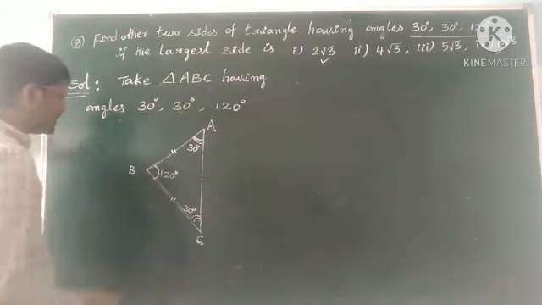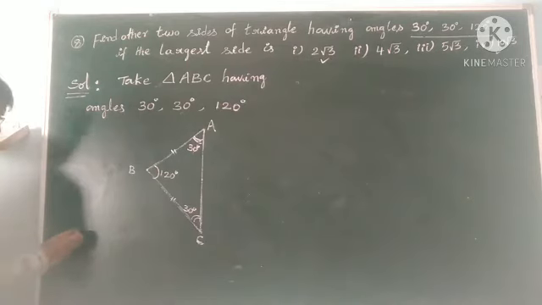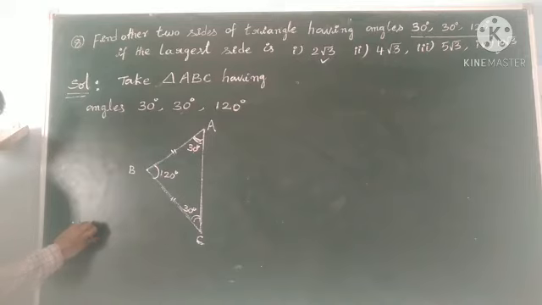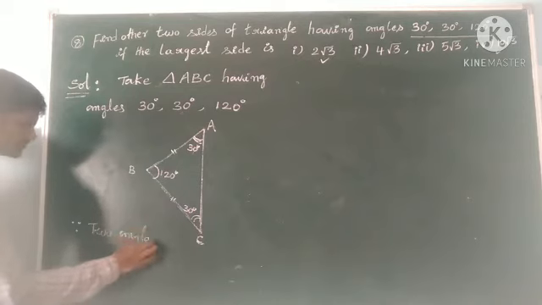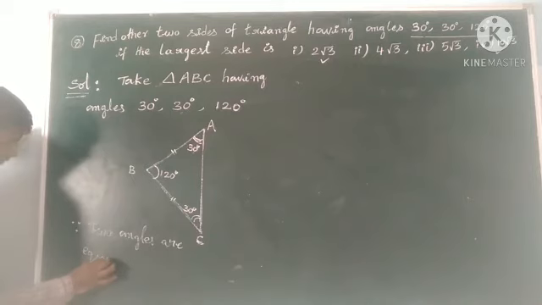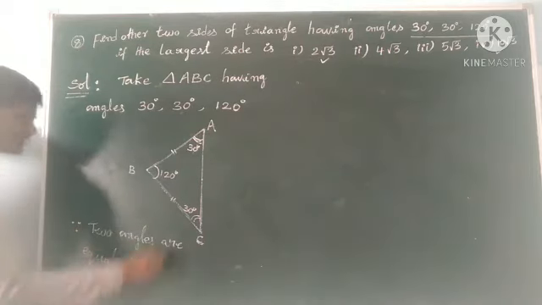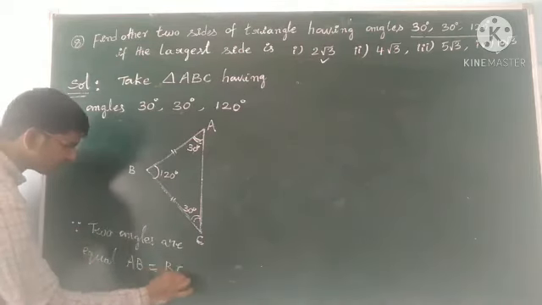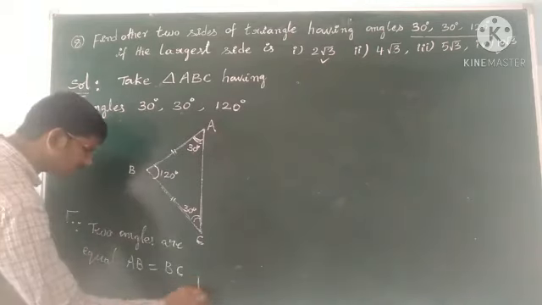Okay students, since it is an isosceles triangle, AB length is the same as BC length.